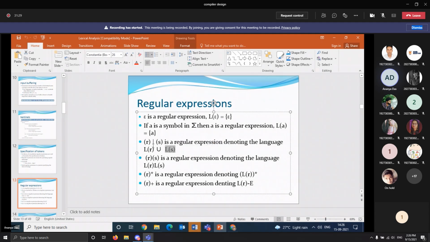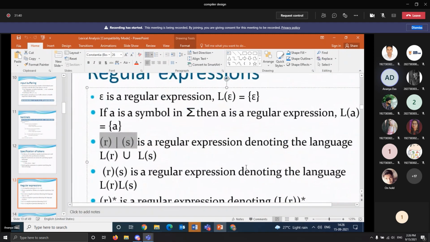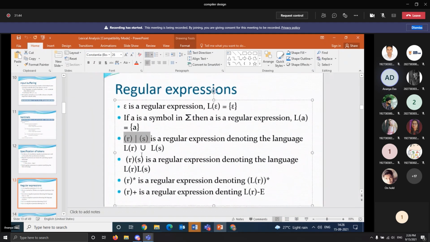And if there is a pipe operator between the two, look, R oblique S is given, so if there is a pipe operator between both, then we will say that the language by which I am describing this regular expression is going to utilize the concept of union operation here.